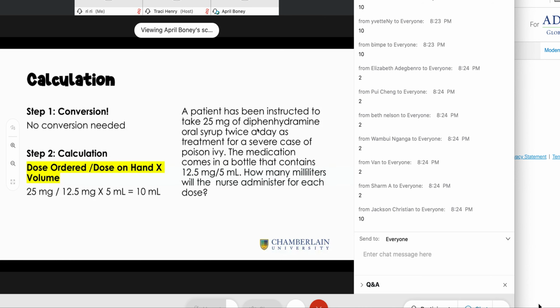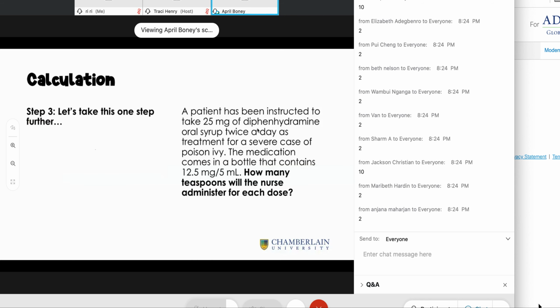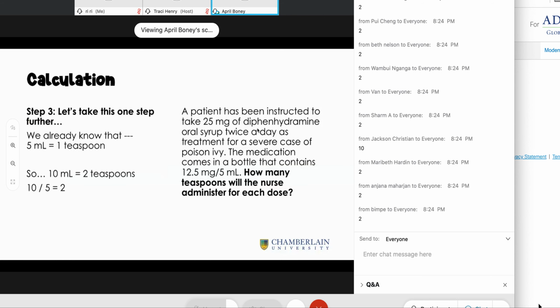So if you remember, we had 10 milliliters as our answer. 10 milliliters is going to be 2 teaspoons. And that's because we have to know that 5 milliliters equals 1 teaspoon. That's a conversion you just have to memorize. 5 milliliters, 1 teaspoon. So if I want to give 10 milliliters, that's going to be 2 teaspoons.